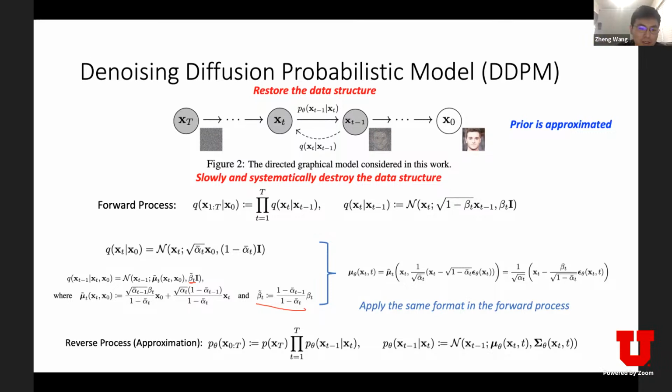So here they just use some approximation of the x0, which is made at time t. Because of this form, the x0 is approximated by this term here.